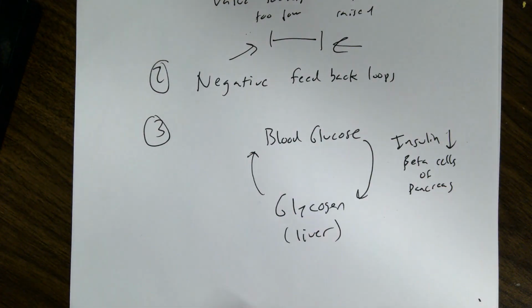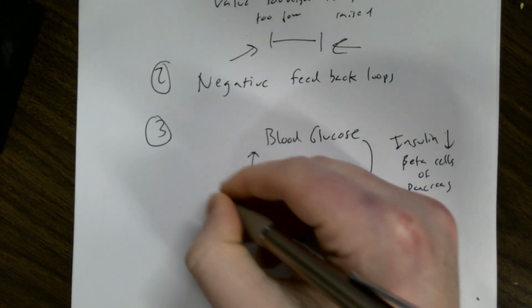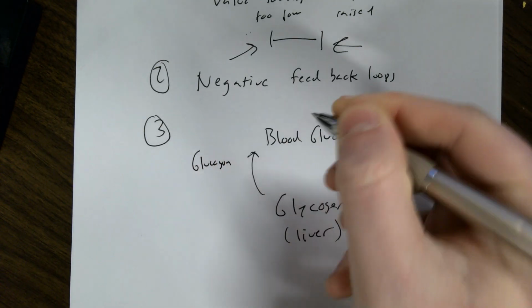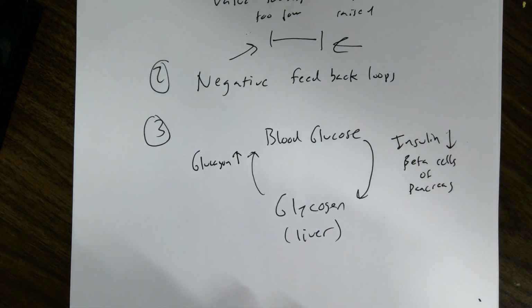Now, if your blood sugar gets too low, glucagon will act. Glucagon will raise your blood glucose levels. And so we can see how that's negative feedback.